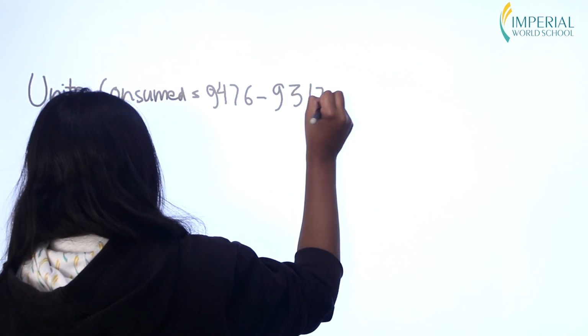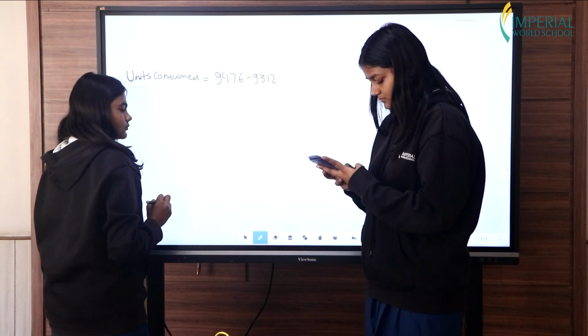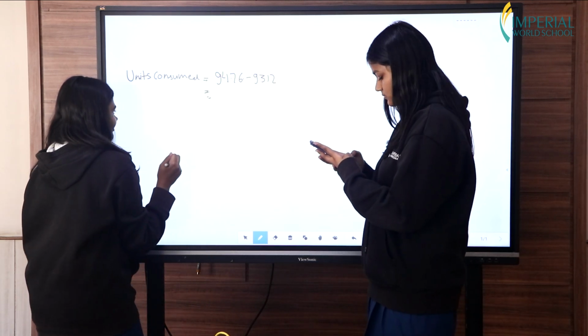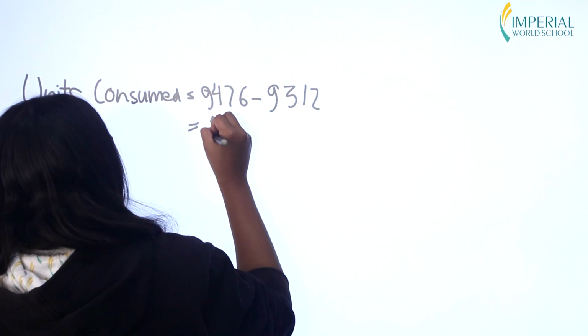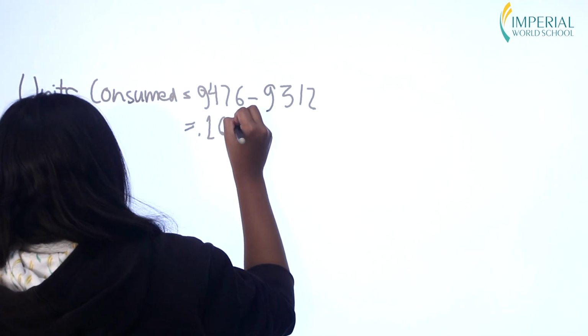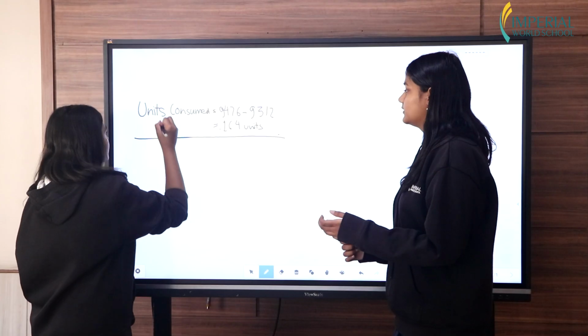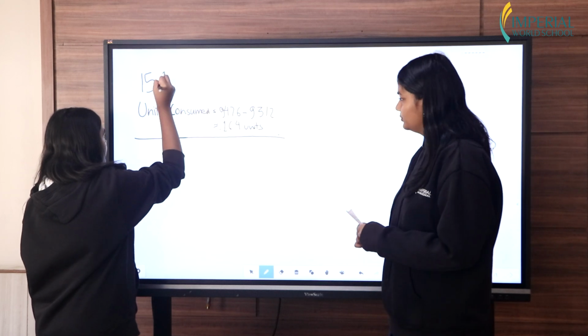So let's subtract it. The total units is 164. Now we have 164 units as our total consumed units.